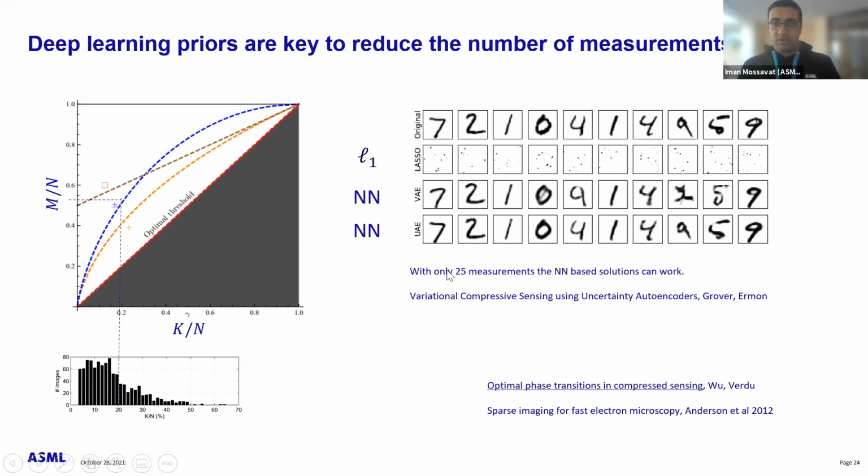And you see that with 25 measurements, L1 reconstruction fails. So it's in the region where there is not enough information. If you use neural networks, such as variational autoencoder or uncertainty autoencoder, you get much better results. And uncertainty autoencoder is actually better than variational autoencoder for this task because it's developed for the compressive sensing method.